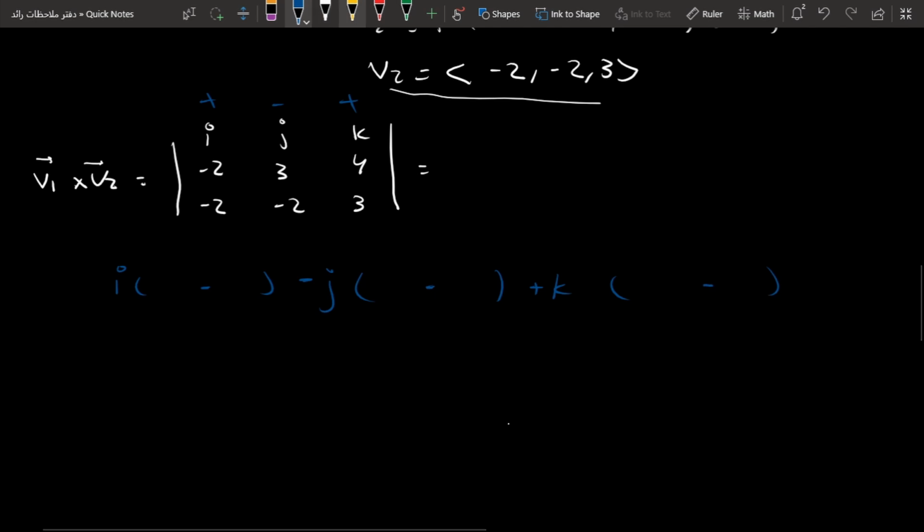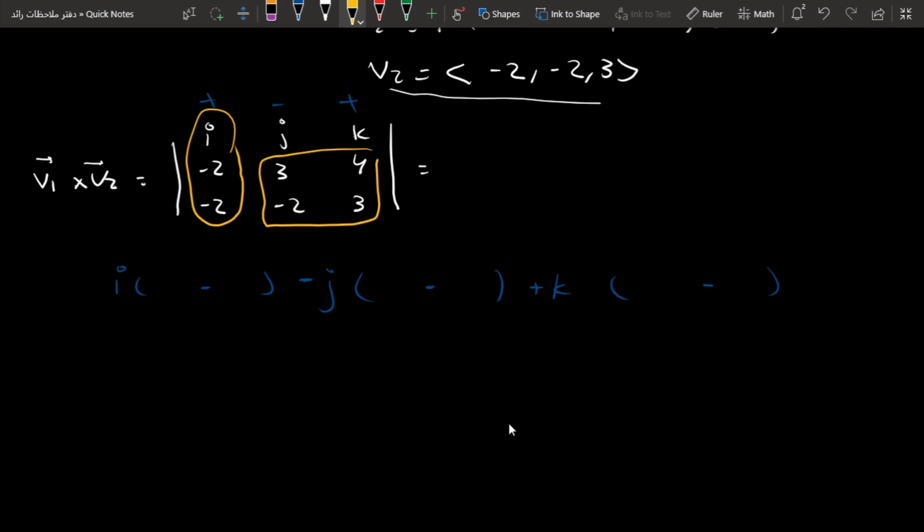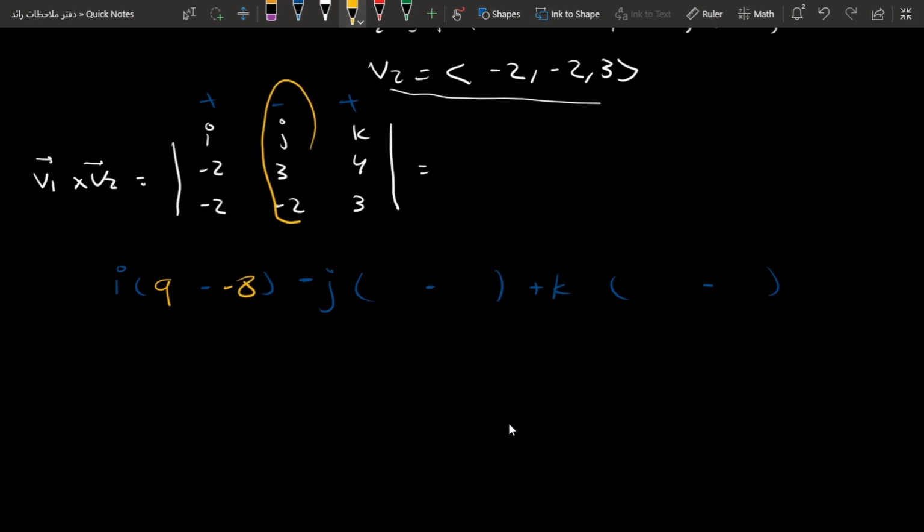Now انتبهوا يا شباب، اول اشي العمود اللي بنلغيه بناخذ the determinant of this matrix. 3 times 3 is 9 and 4 times -2 is -8. So it's 9 - (-8).